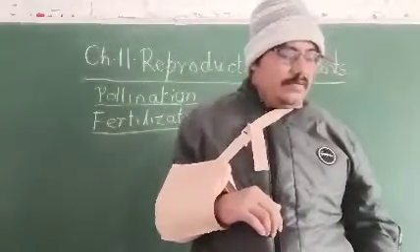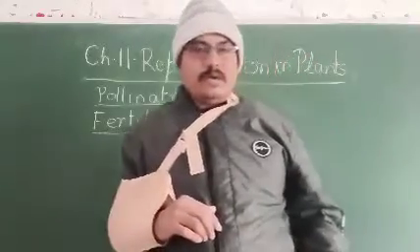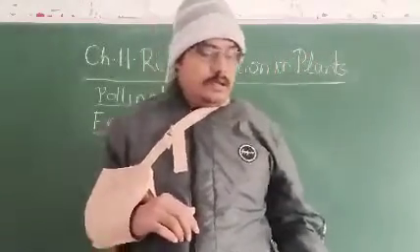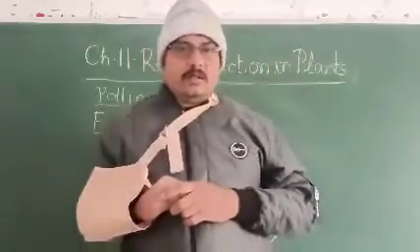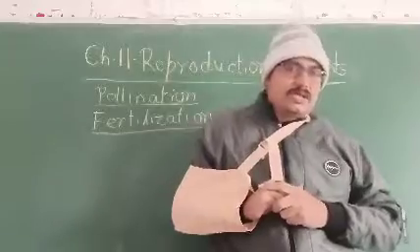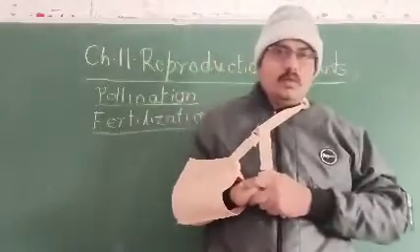The one that first gets the chance, with the male gamete fusing with the egg cell, the rest of the pollen grains dry up. Only one pollen grain gets the chance to get attached with that egg cell, that is the ova.